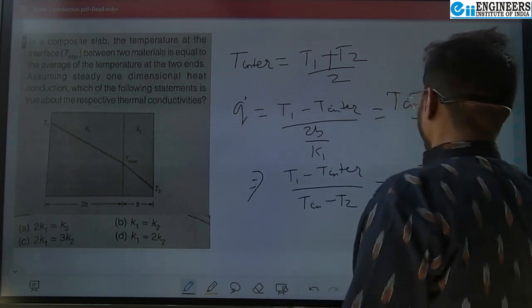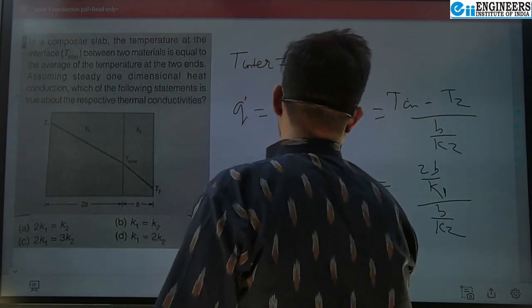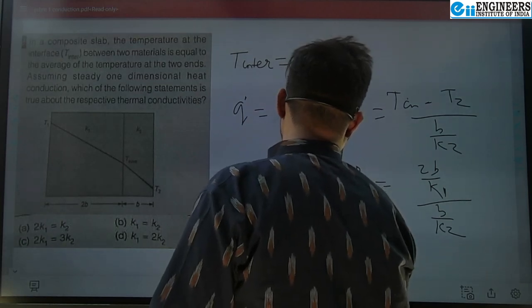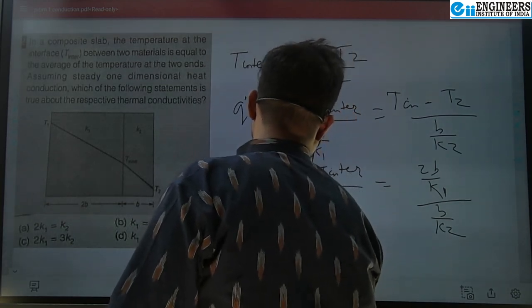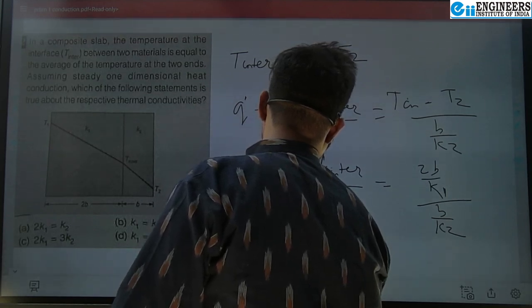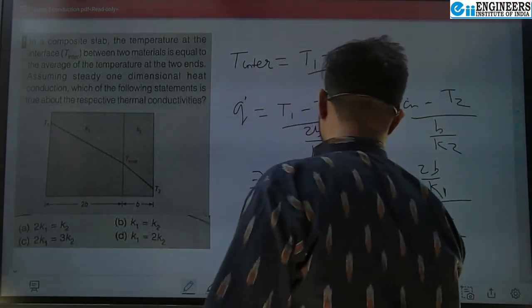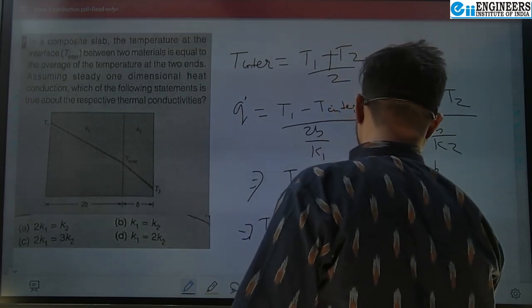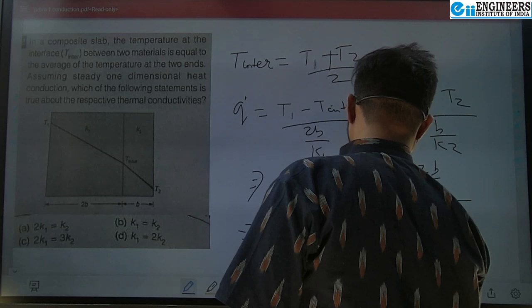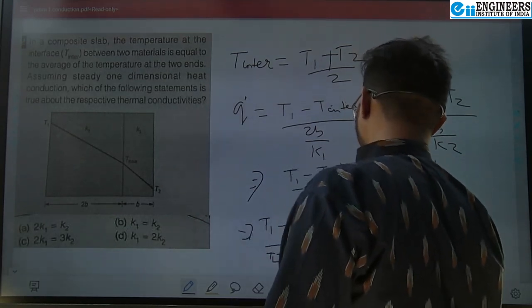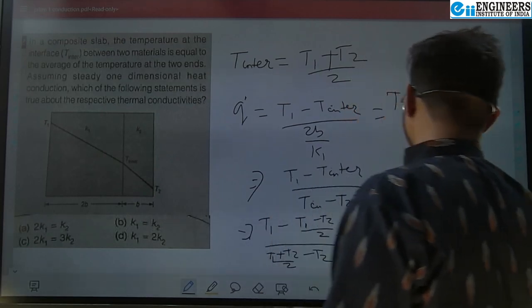So this thing I can write as T1 minus T inter, that is T1 minus (T1 plus T2) by 2, divided by (T1 plus T2) by 2 minus T2. Let's take this denominator, this will equal T1 minus T2 by 2, and the numerator is also (T1 minus T2) by 2.